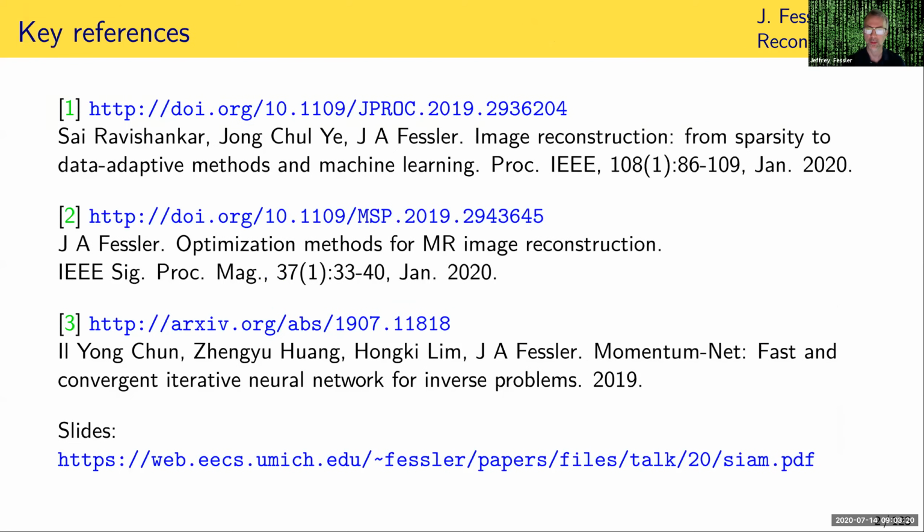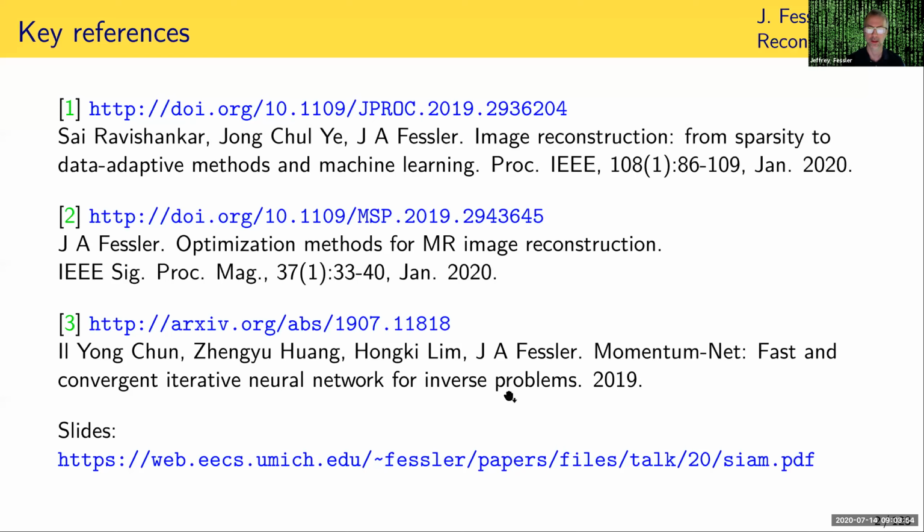As I mentioned, throughout the talk and at the end, there are hundreds of references collected. But if you wanted to narrow it down to 3 key references to follow up on later, or if you decide you would rather read than listen to me talk, these are the 3 key references. There are 2 survey papers that I was involved in earlier this year, one about data-adaptive and sparse models for image reconstruction, and one on optimization methods, both of which will be major themes in this talk.